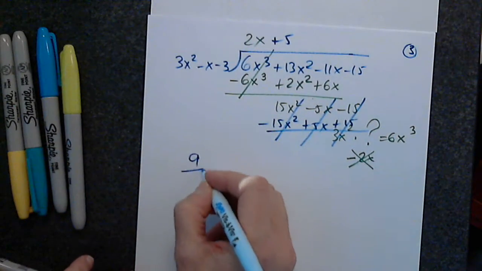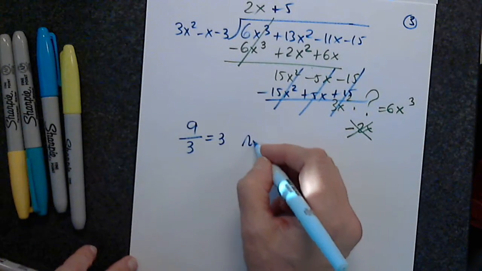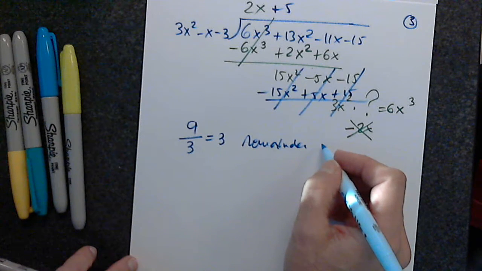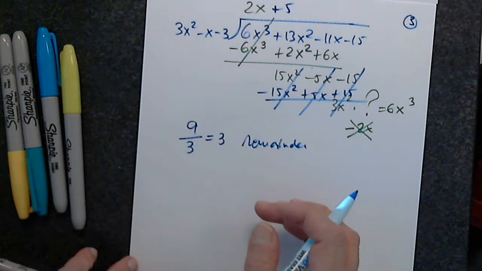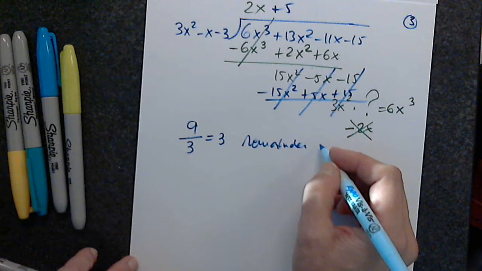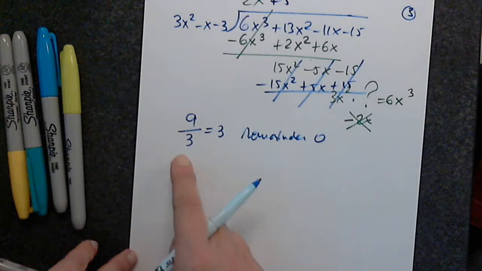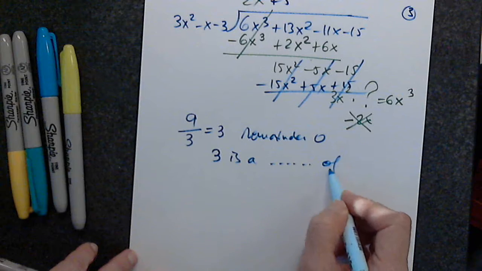Now, if I say 9 divided by 3 is 3, and remainder is, what is the remainder of the division? 0. Perfect. What do I really say? I'm saying to you that 3 is a of 9.